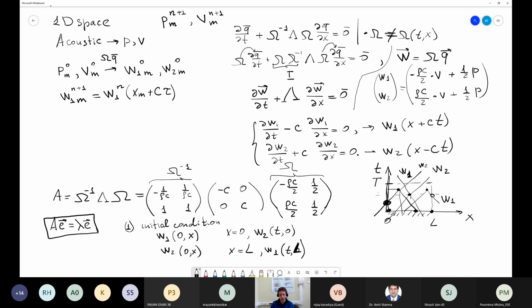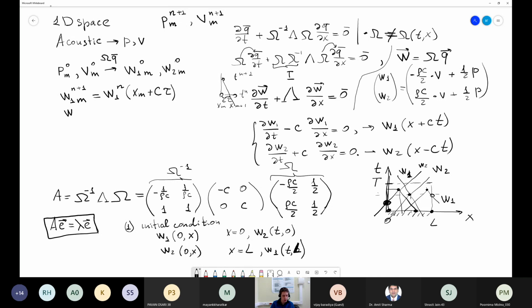We will solve the interpolation problem with some predefined precision using some special stencil. For example, this one, xm plus 1, and time moment tn plus 1. This is a characteristic line. This is c tau. So we can calculate this value, and we will obtain the value of W1 at the next time moment at the same point.